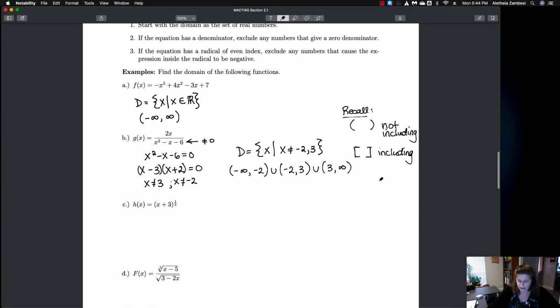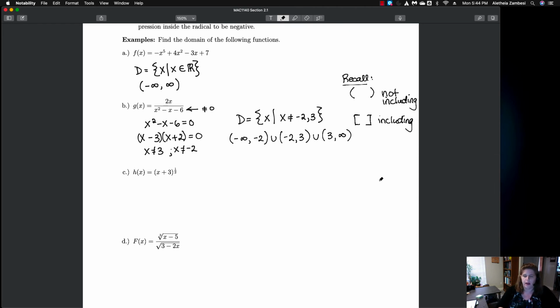Looking at h of x next, I have x plus 3 to the 1/2 power. As a reminder, 1/2 power is another word for square root. So that's a square root that is expressed as a power. And I cannot have a negative number inside the square root. So everything inside that square root has to be greater than or equal to 0.